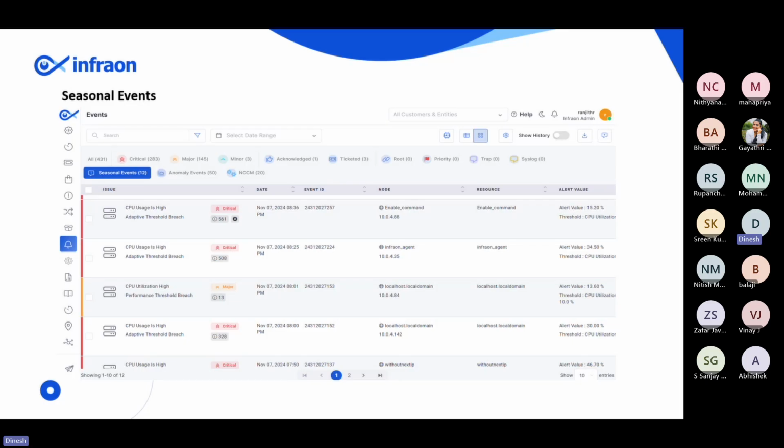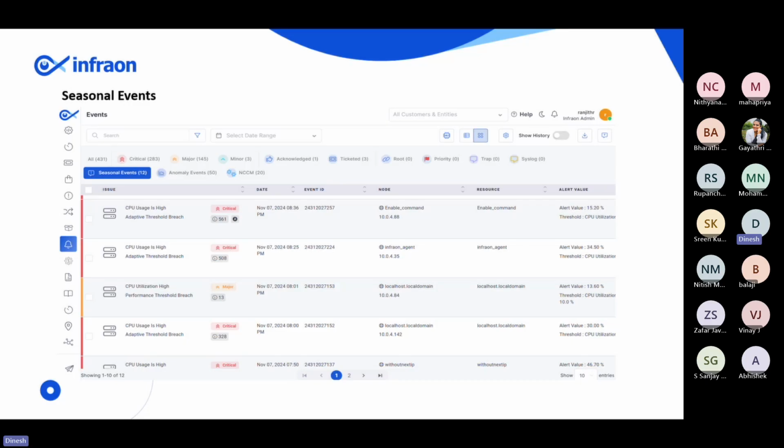Let's take another use case: daily batch processing, when a huge number of configurations are pushed. The CPU spikes and alerts get triggered. Without AIOps, the NOC ignores the alerts due to alert fatigue. With seasonal separation, the system learns the pattern, so no alert is expected here. It alerts only if it exceeds the normal behavior, as I said in the banking example.